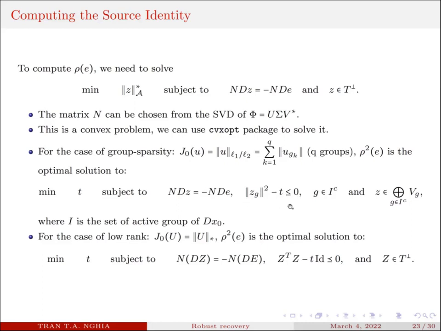So this problem is not just a convex problem, but it is a second order cone programming, and we can use some package to solve it easily to check whether or not rho E is smaller than 1. For the low rank case, where J is the nuclear norm, this optimization problem can be translated into a semi-definite programming with this semi-definite constraint right here. And again, we can use convex optimization to solve it.